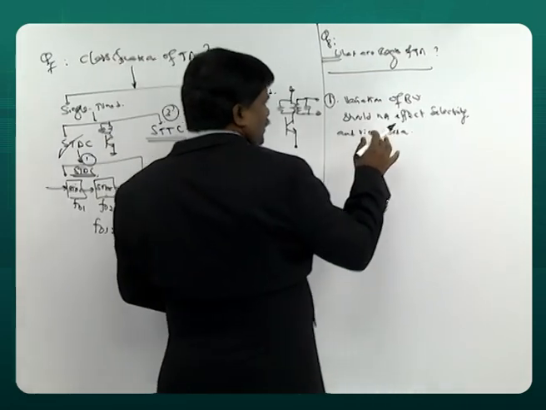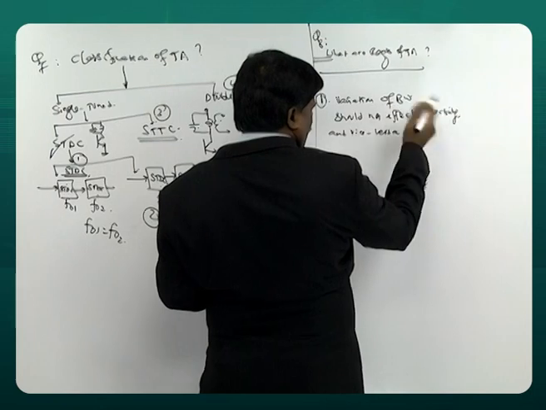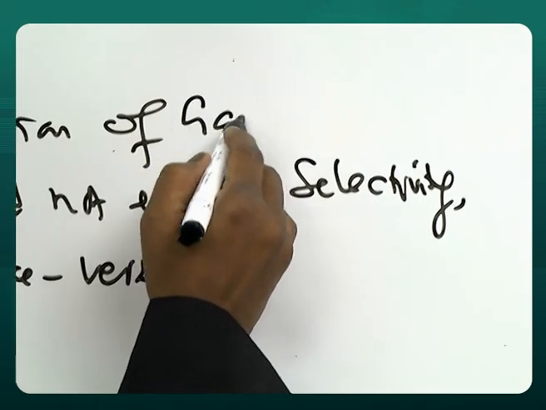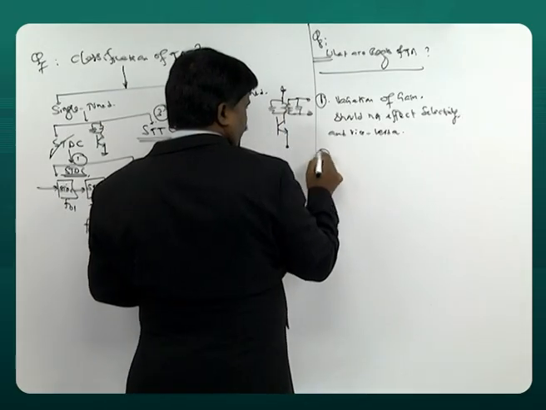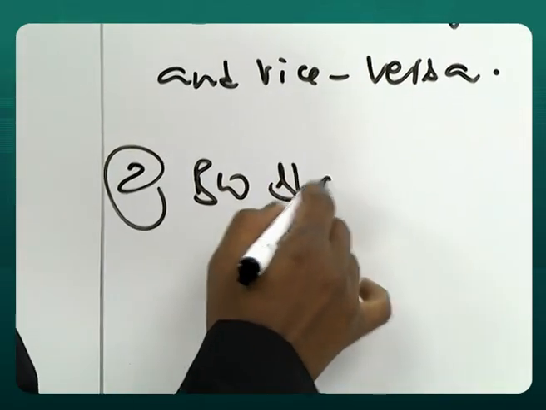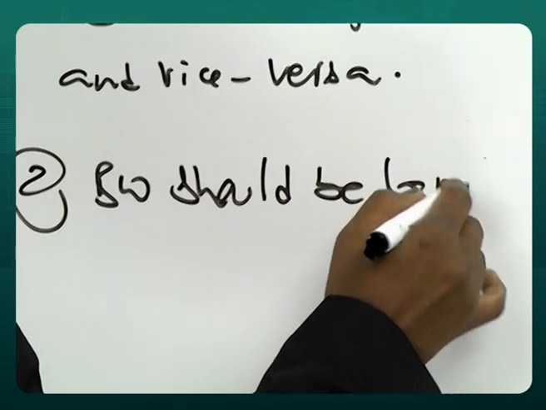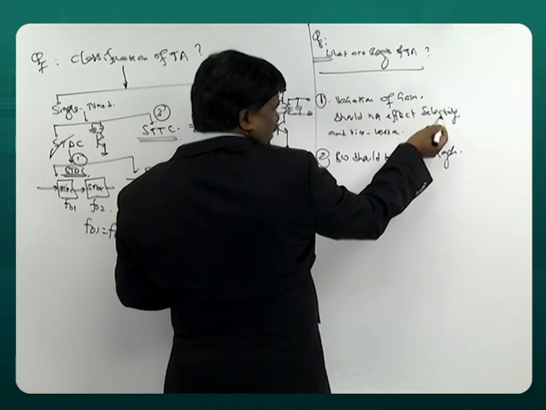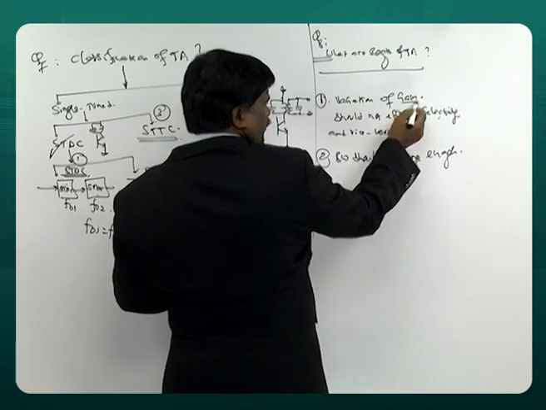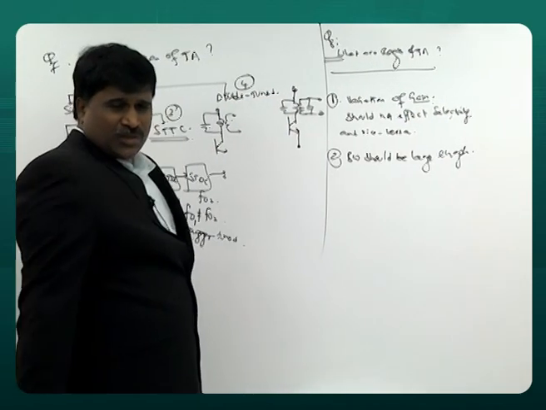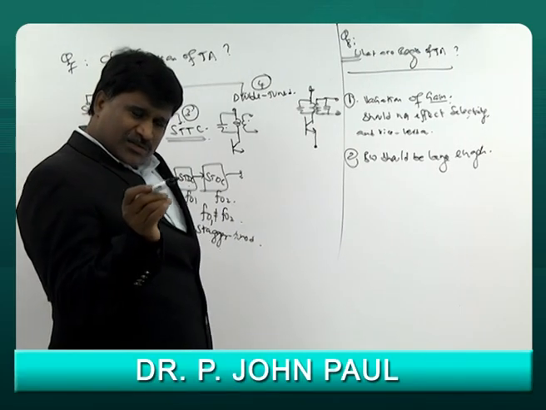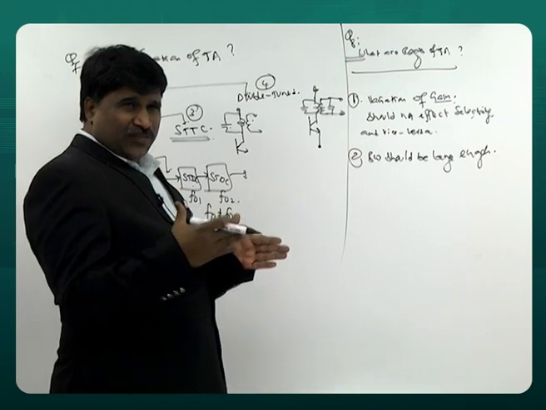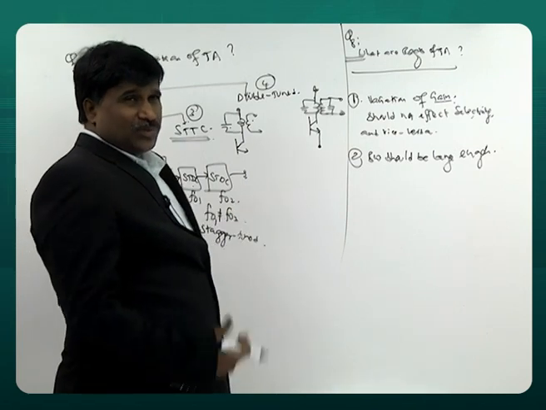I mean, variation of gain should not affect selectivity, and variation of selectivity should not affect gain. For example, if you are going from one TV channel to another, it should not affect the sound.